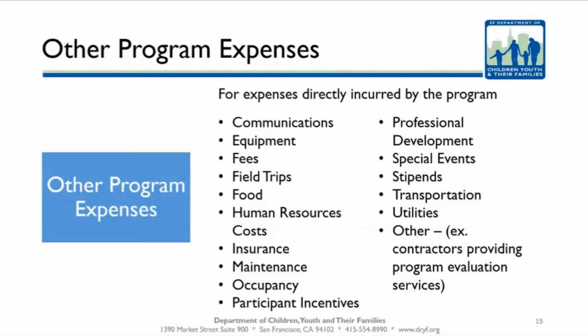So in the past, we again had this professional category that no longer exists. If you're bringing in a contractor not to work directly with the youth, that's a subcontractor, but a contractor who's coming in to work with the agency in support of the program. For example, they may be providing evaluation services for the program. That's going to be an expense held here under other program expenses.